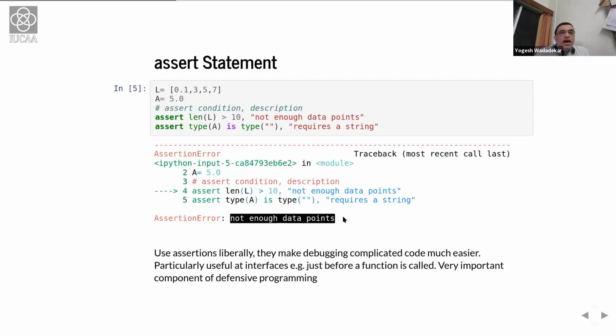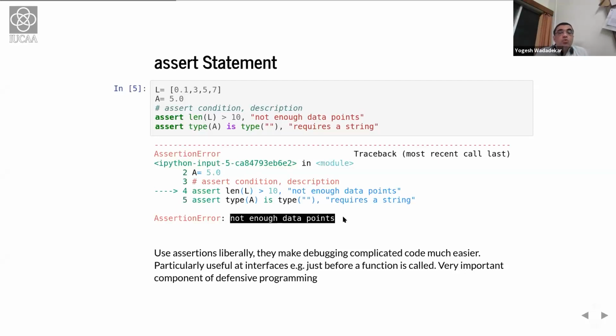I urge you very, very strongly to use the assert statement, use these assertions liberally in your program. They make debugging of complicated code very much easier than it would otherwise be. These are particularly useful as an interface just before, for example, a function is called.